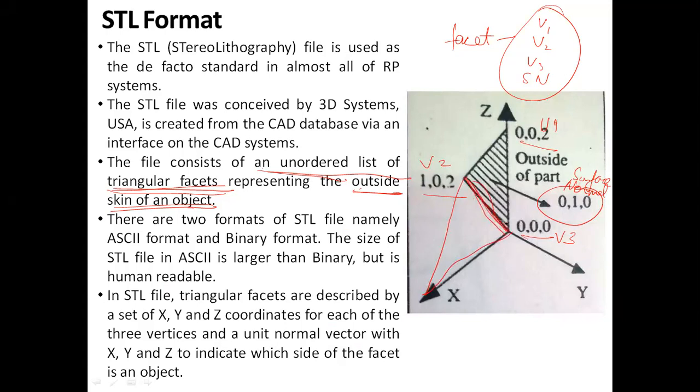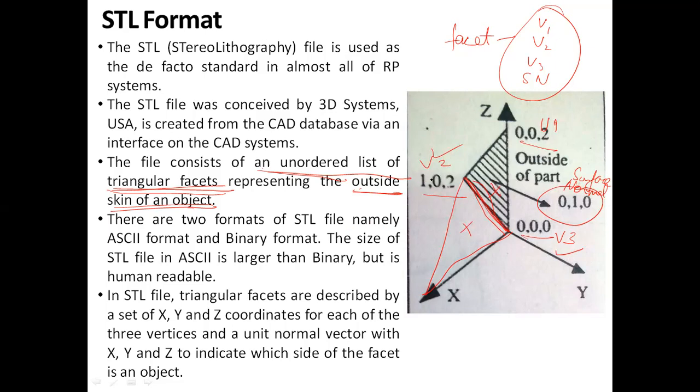I can find it out by identifying vertex 2 and vertex 3, which will be common for the two facets, so I can sort it out definitely. But initially, in its original form, it is an unordered list.